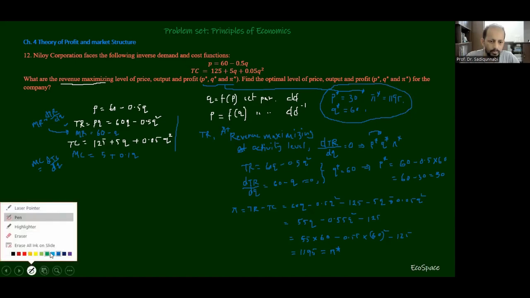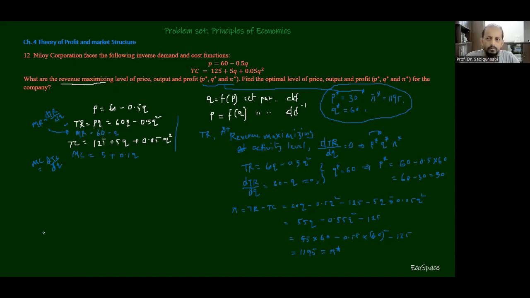Now, what about the second part of this problem? That means the optimal level of price, output and profit. At the optimum, MR equals MC.